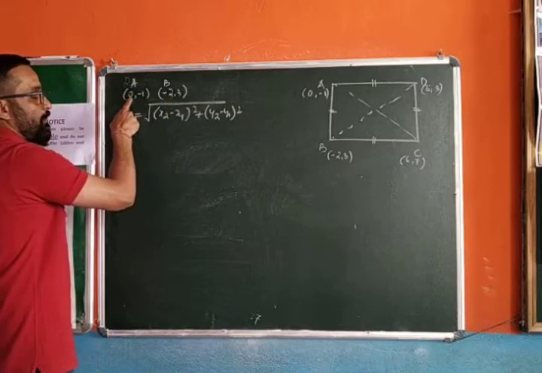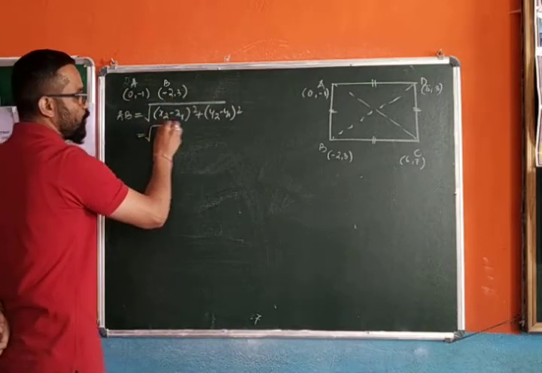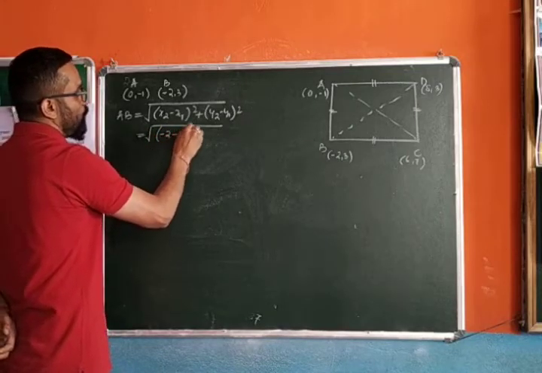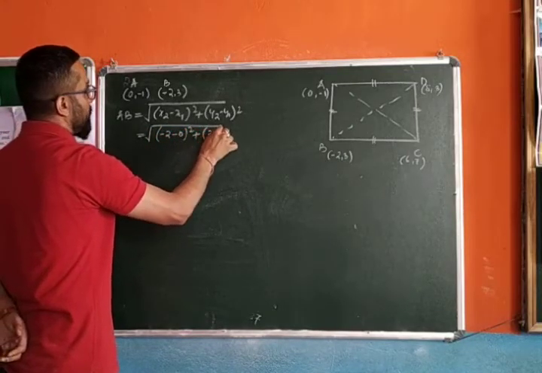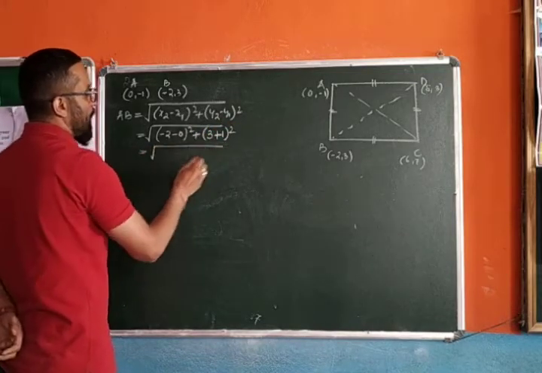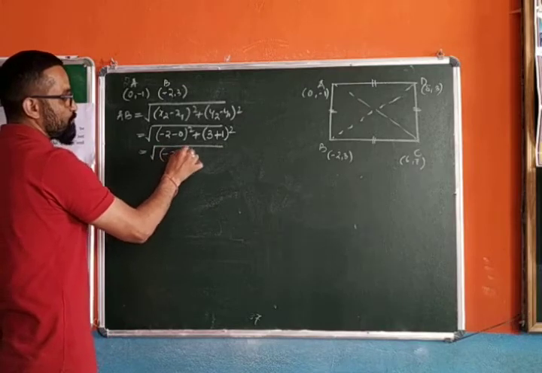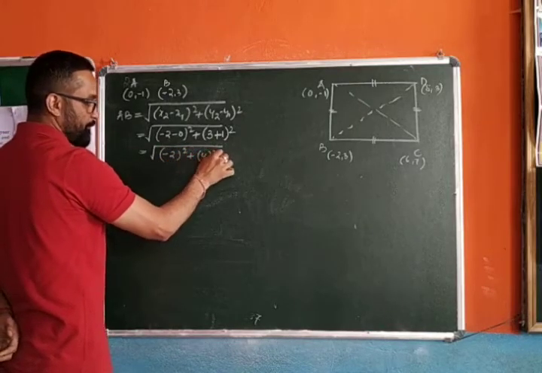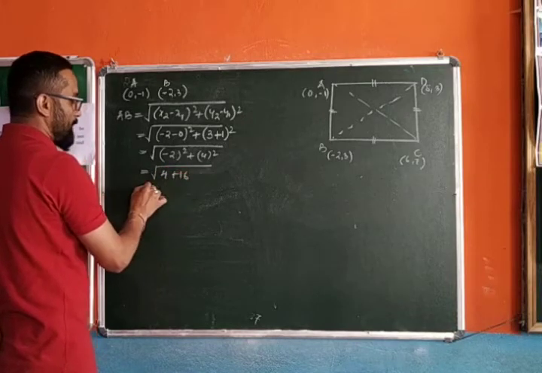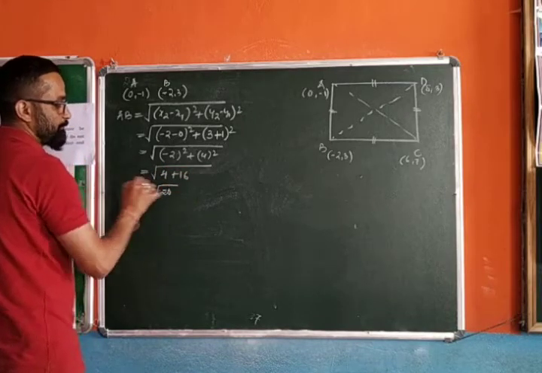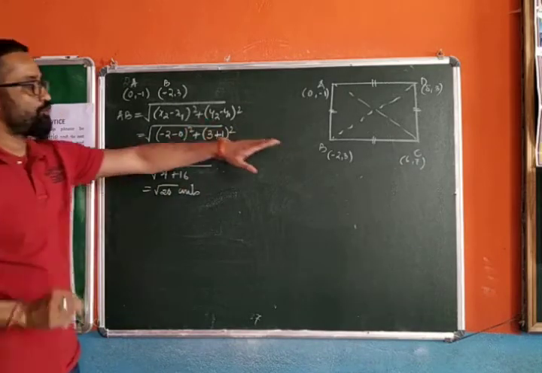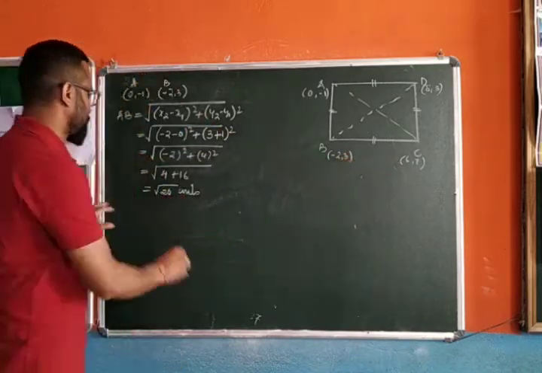You get root of (-2 minus 0) whole square plus (3 minus -1) whole square. Simplification: (-2) whole square plus 4 whole square. Root of 4 plus 16. Added up, you get root 20 units. Leave it like this.